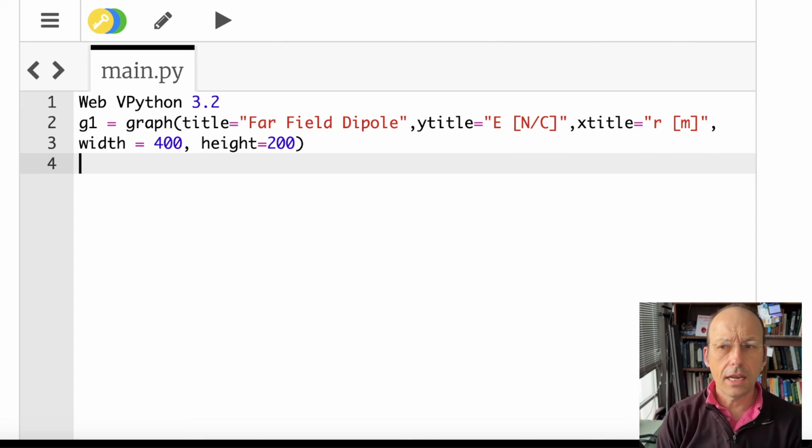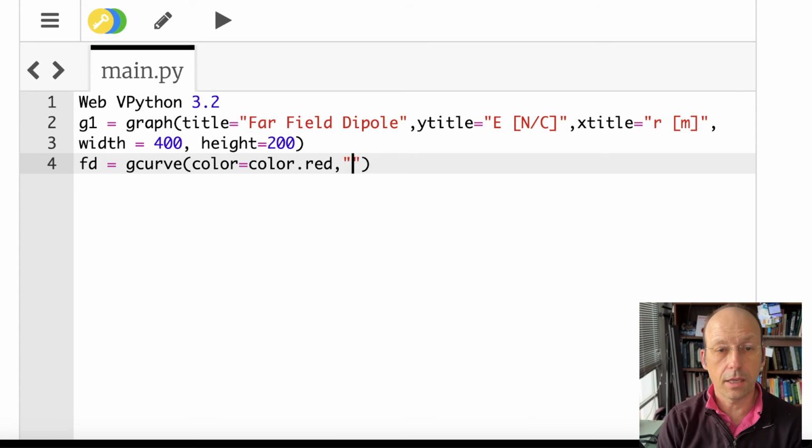Now I'm really gonna make two graphs, right? So I'm gonna make two graphs. Let's call this FD for the dipole, G curve, color equals color dot red.